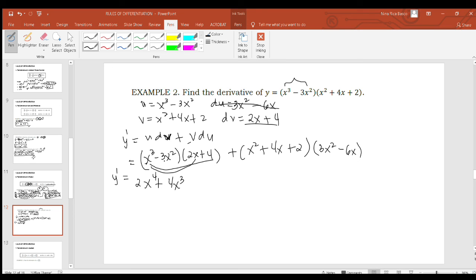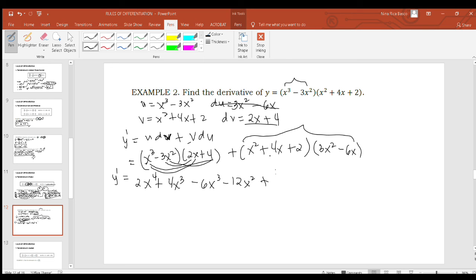Then our inner, negative 3x squared times 2x is negative 6x cubed. Then the last terms, negative 3x squared times 4 is negative 12x squared. Now let's go to our second term. Plus.